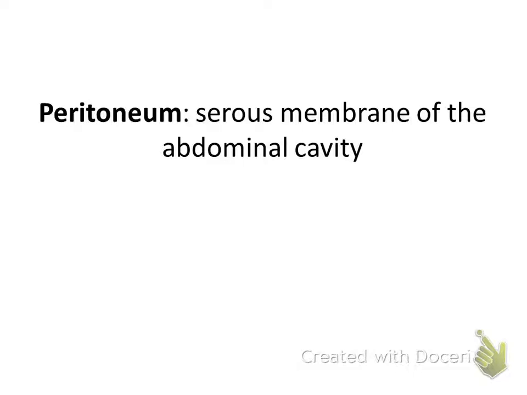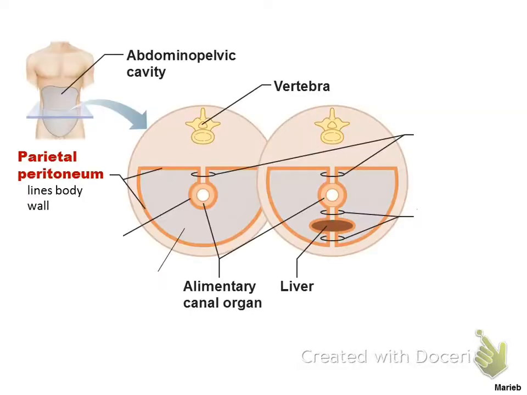Those are specific examples of peritoneum. Okay, so if these are serous membranes, we know they have two layers. It shouldn't be surprising that we're going to see an outer layer that's called a parietal peritoneum.